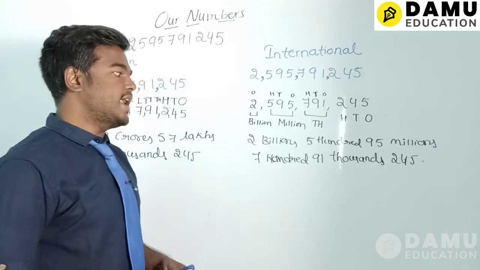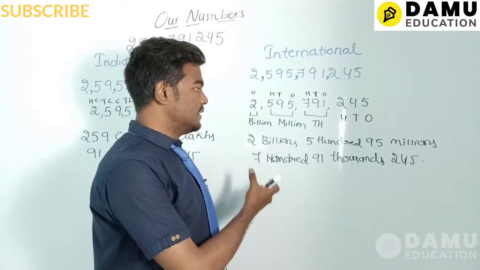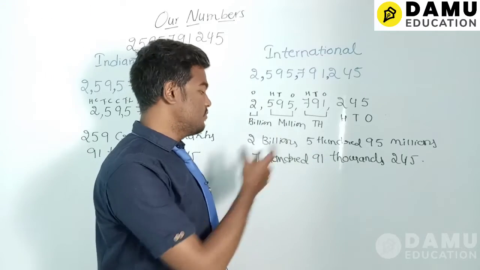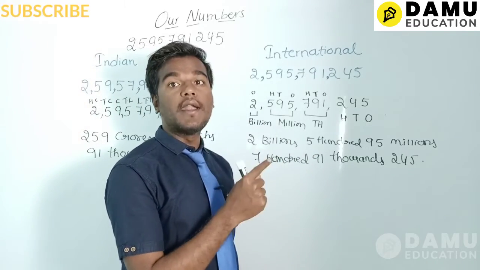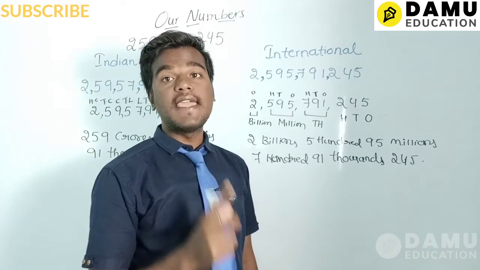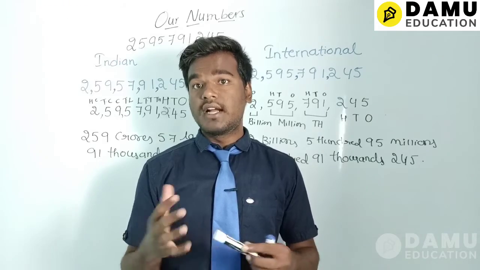So this is the way in the international system. So what is the way? 2,595,791,245. This is the way of writing in the international system. Then we will come to the next.